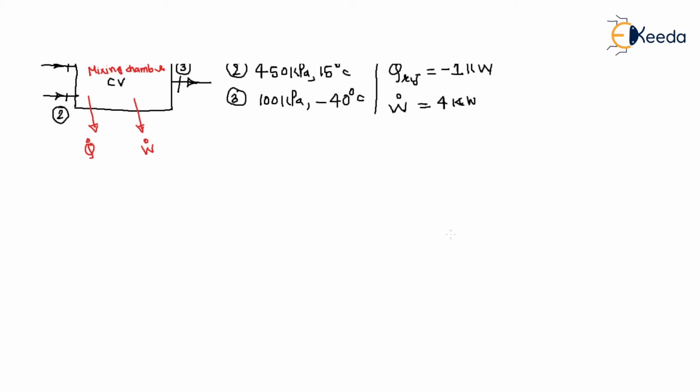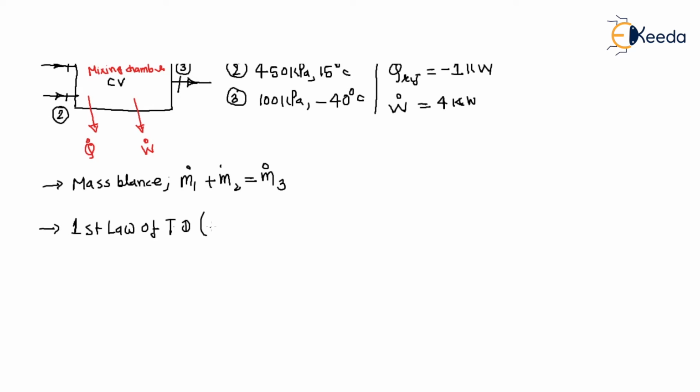So what is the mass balance? The mass balance is M1 plus M2 is equal to M3, right? And what is the first law of thermodynamics for a steady state, steady flow process?